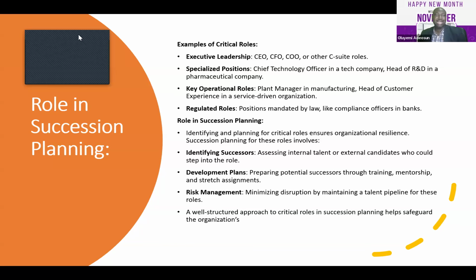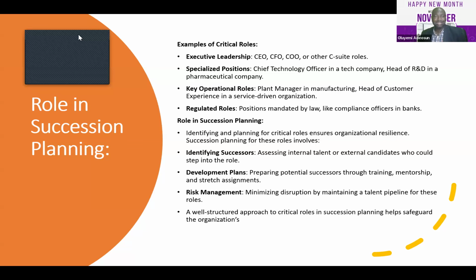Then roles that are also, let me use the word, protected or mandated by legislation, by regulations. Maybe compliance officers in banks or risk officers. And certain roles like that, maybe company secretary.